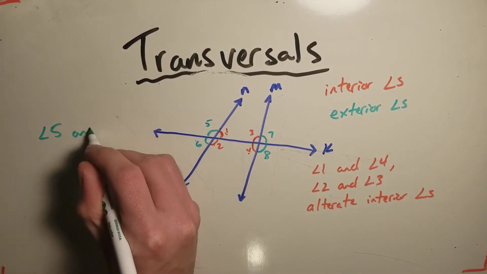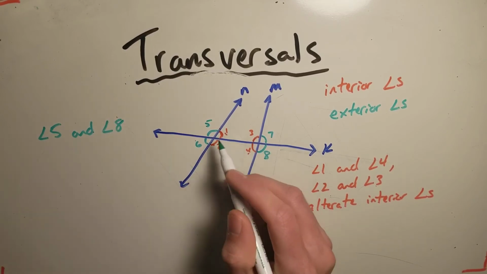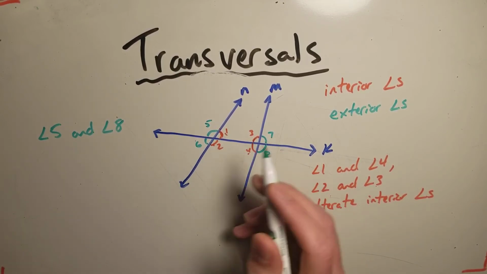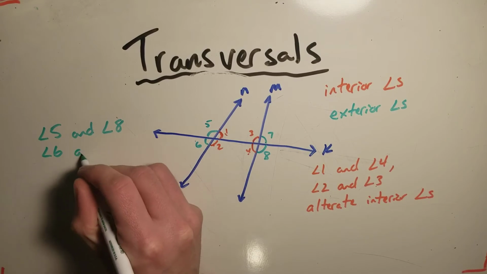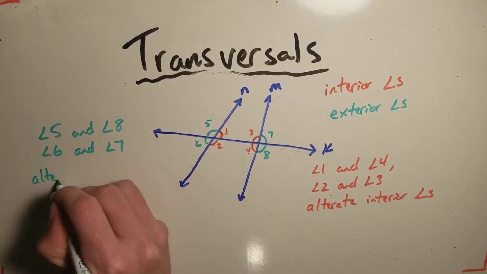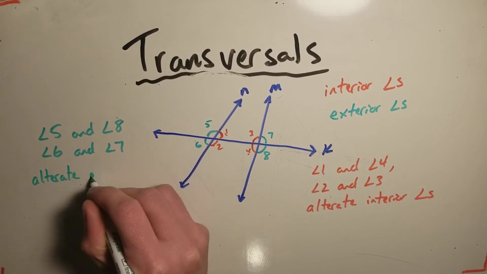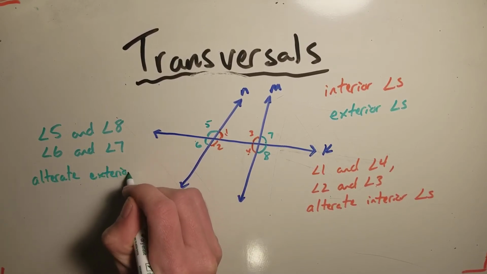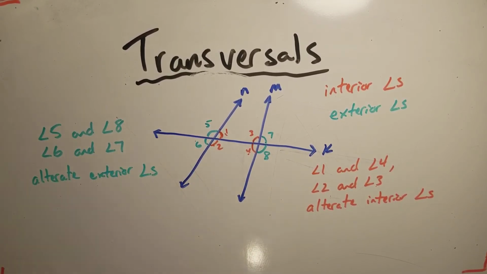So angle 5 and angle 8, and also angle 6 and angle 7, we call these alternate exterior angles. So those are special pairs that we're going to see within our interiors and our exteriors.